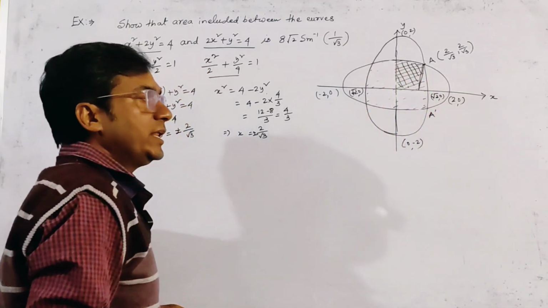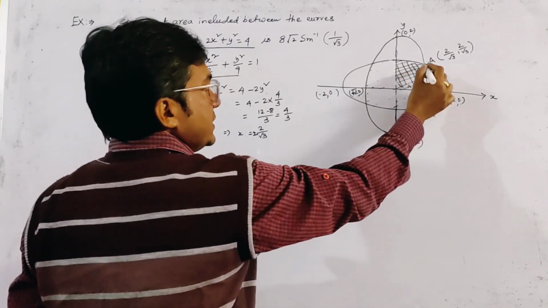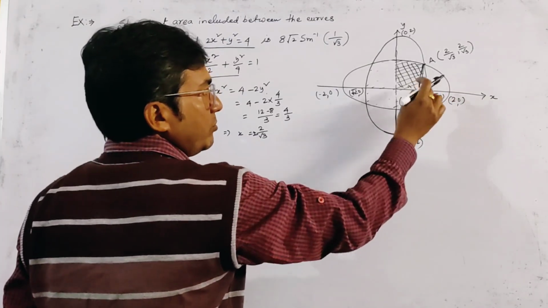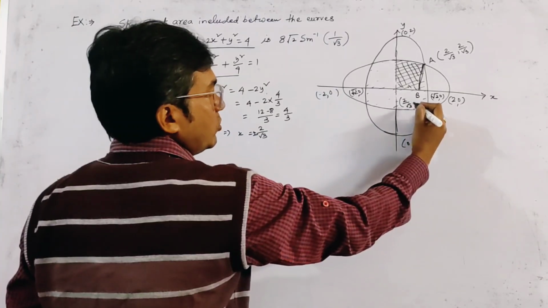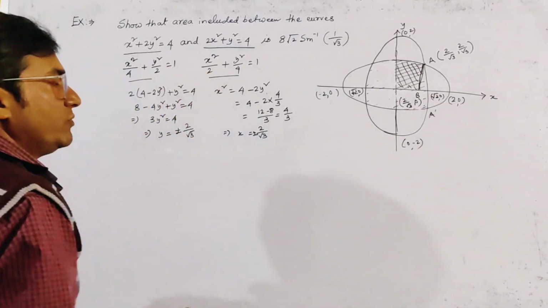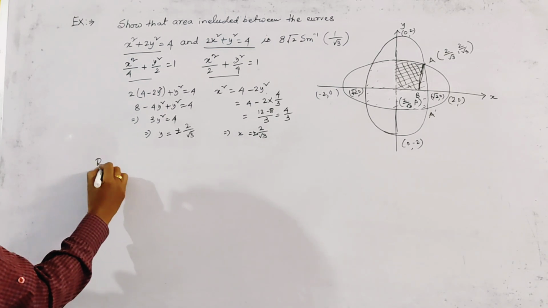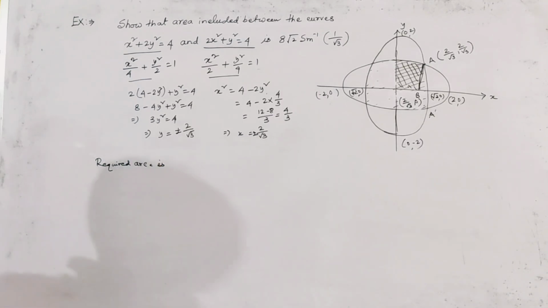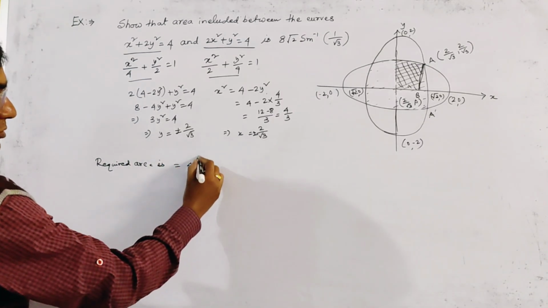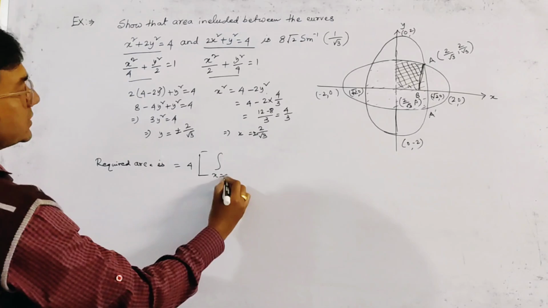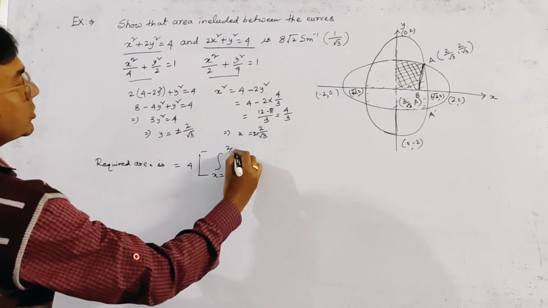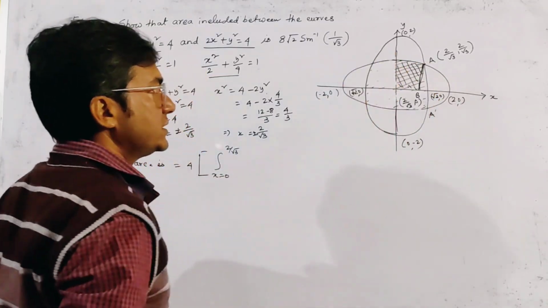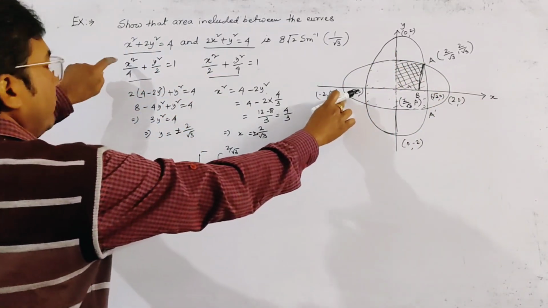And how do we find the area of this portion? Clearly, this is the perpendicular AB, and the coordinate of B is (2 by root 3, 0). The required area is given by 4 into the integration from x equal to 0 to 2 by root 3, the area under this curve and the x-axis, and this curve is the first curve.